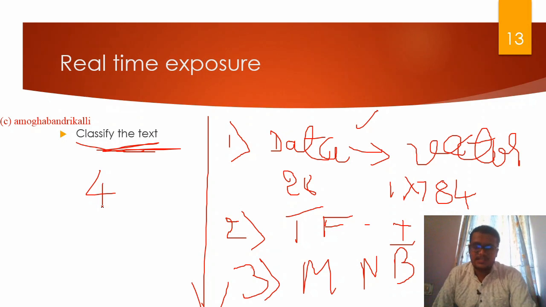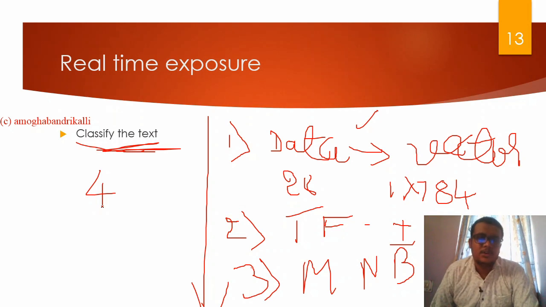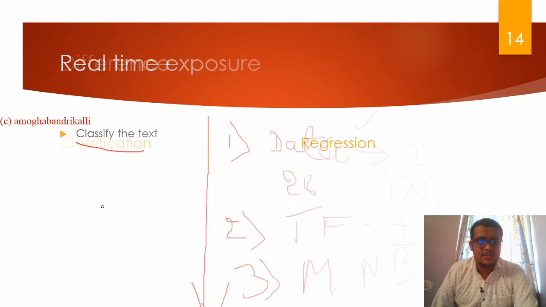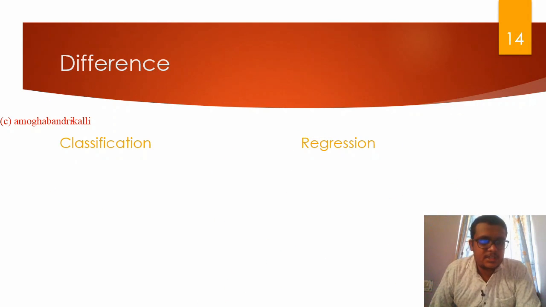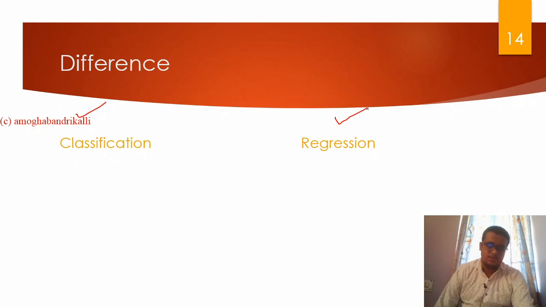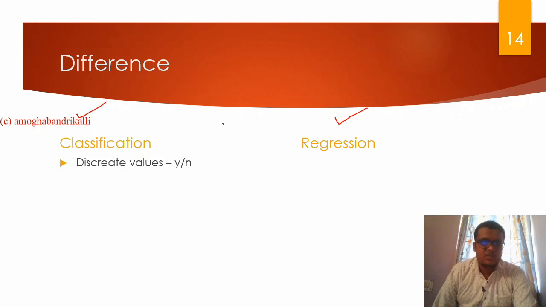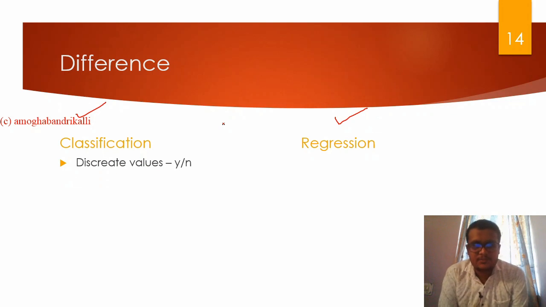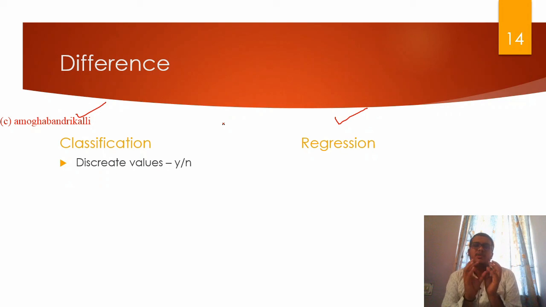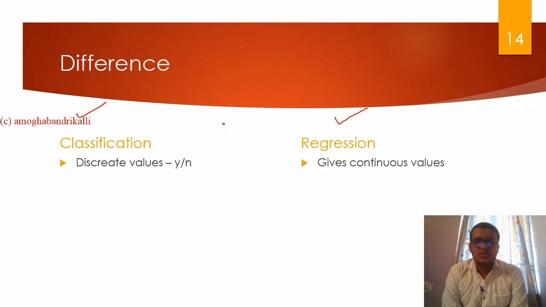You can extend the categories to 5, 6, 10, anything, and you can train it and again test it. Let me give the difference between classification and regression problems so you can understand. Classification first: it is going to provide you discrete values, saying 1 or 0, 1 for yes, 0 for no. In regression, it is going to give you continuous values.